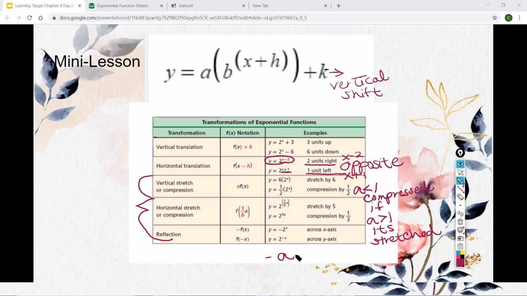X. So if A is negative, you got that so far? So if A is negative, just like with a parabola, the parabola is like this if A is positive. If the parabola is like this, A is negative. Same thing happens with an exponential.